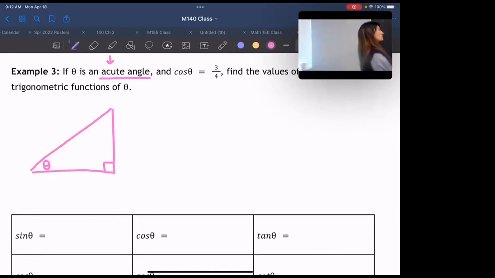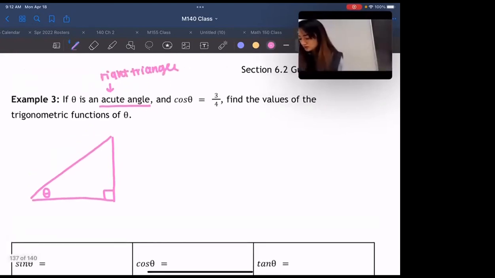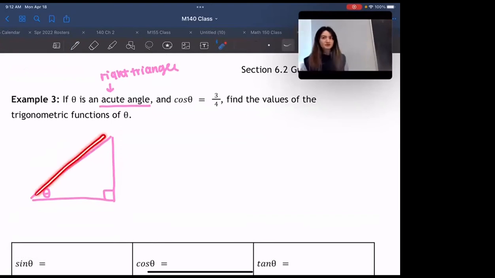So I just drew an acute triangle. Theta is the bottom left angle. Okay. So based on this drawing, this side is called the what? Hypotenuse. Good. So let me just write that out here. This is the hypotenuse.